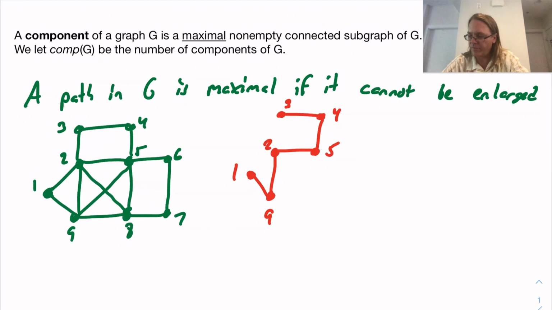So there's a subgraph, and this subgraph is a maximal path.